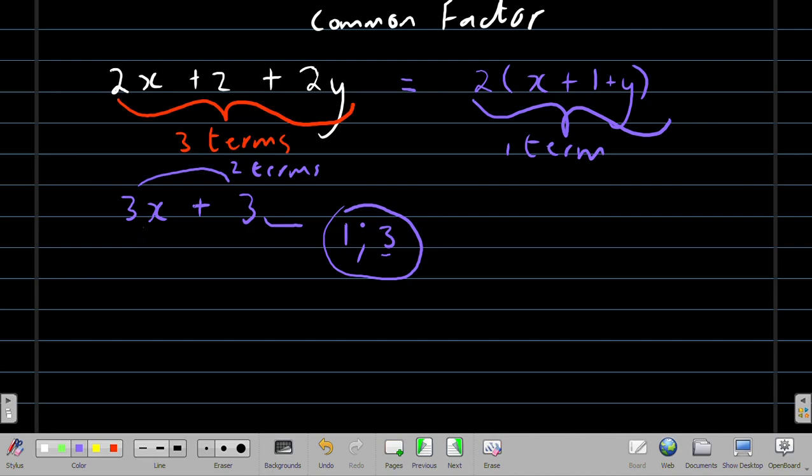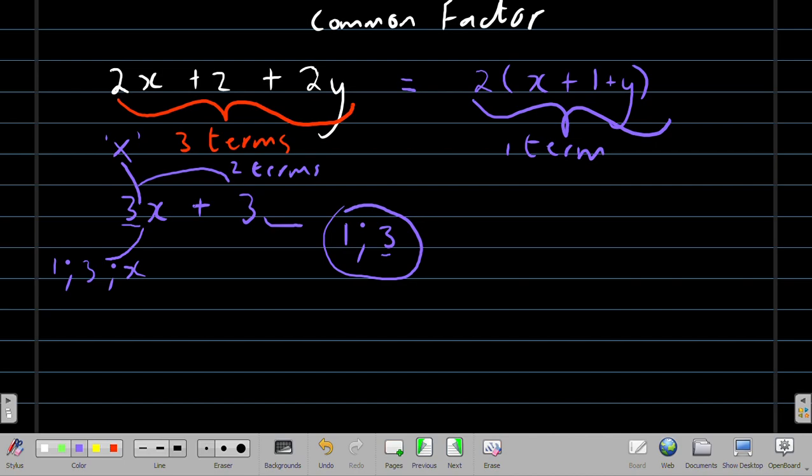For 3x, it's going to be the same thing. We get 1 and 3. These are the factors of this 3 here. But we also have an additional factor, which will be x, because whenever you have a number next to a variable, there is simply a multiplication sign there.